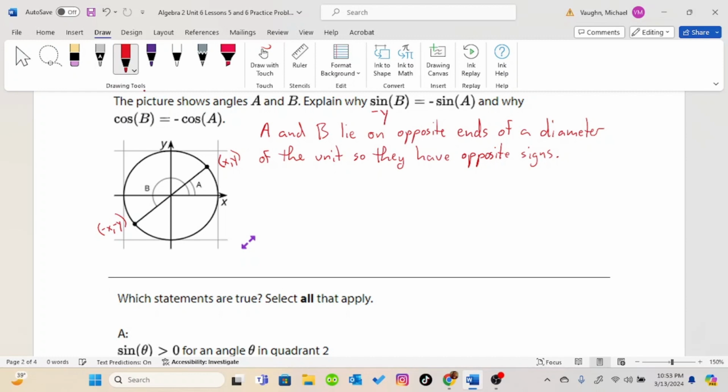Sine of a is going to be positive y, but now you're going to have negative y. Cosine is the x values, so cosine of b is negative x, and negative cosine of a is going to be positive x, so now that becomes negative x. So now negative y equals negative y, and negative x equals negative x.